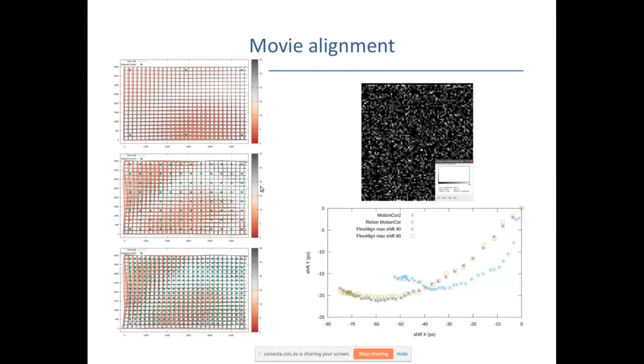This is another idea that I would like to introduce. All these algorithms have, in one way or another, some way to estimate the local deformation. In the plot we have the global deformations, that is a single shift per frame. But then at every tile of those micrographs, we can compute local shifts. Depending on the number of parameters and tiles, the way of specifying this is different for each algorithm.